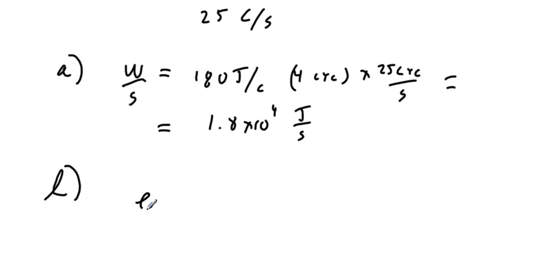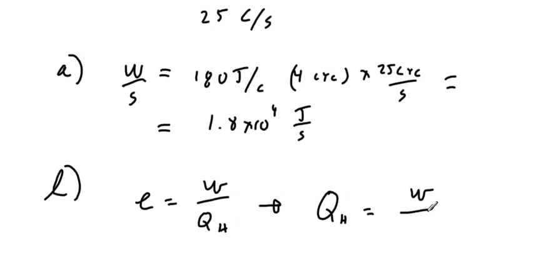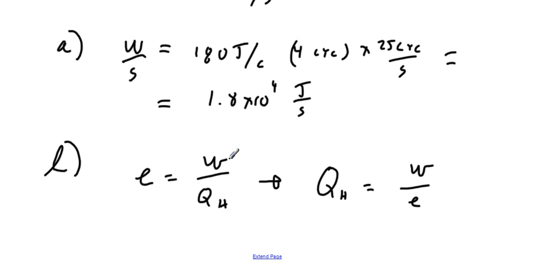Well, the efficiency is going to be the work divided by QH, which implies that the heat input will be the work divided by efficiency. And we want work per second.